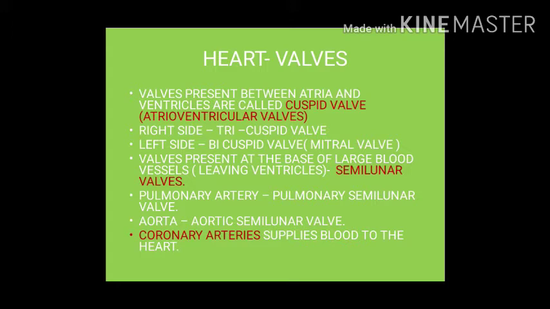Valves present at the base of large blood vessels leaving ventricle are known as semilunar valves. Pulmonary artery, it is pulmonary semilunar valve, and aorta, it is known as aortic semilunar valve. We'll study about aorta and pulmonary artery when we are discussing about structure of heart. Coronary arteries supply blood to the heart.